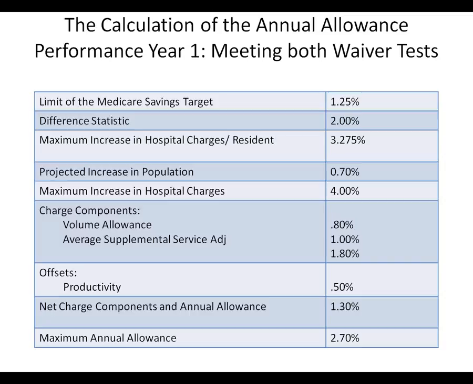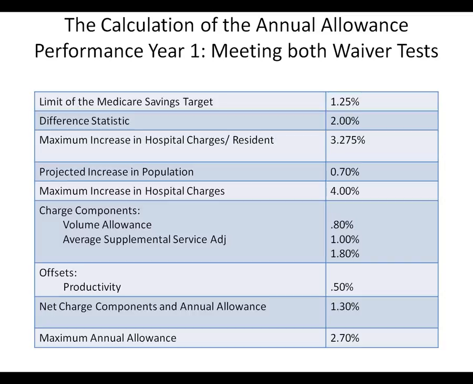The difference statistic being 2% converts that claims increase into a claims increase per Maryland resident. So this system would allow the increase in claims per Maryland resident of 3.275%, which obviously is within the all-payer ceiling. With a projected increase in population of 7%, this means that the maximum increase in hospital charges would be 4%.